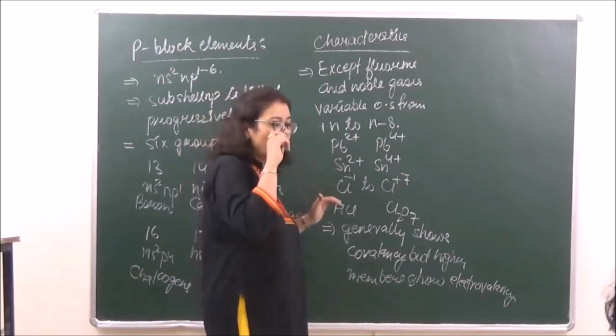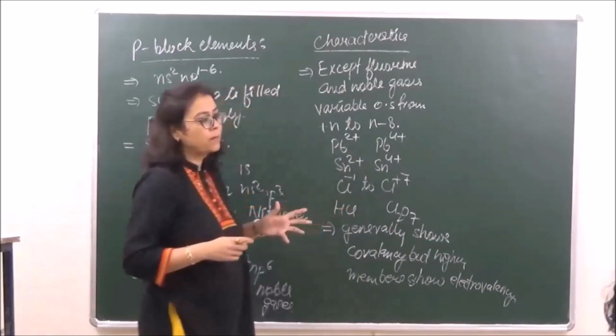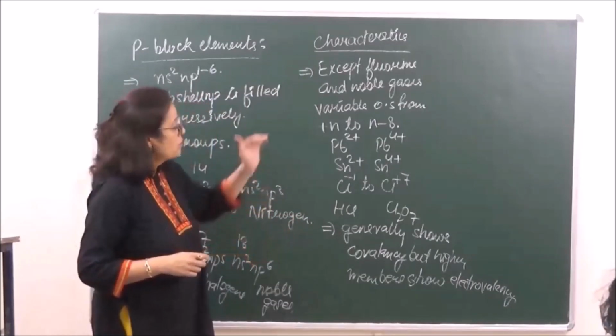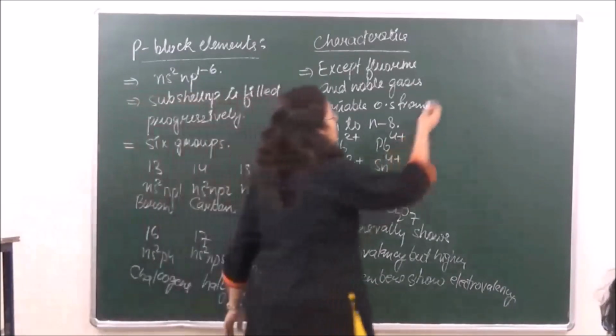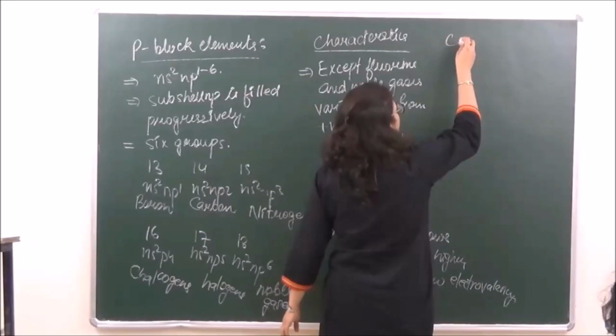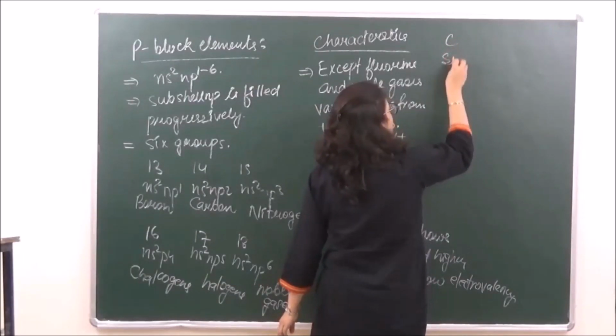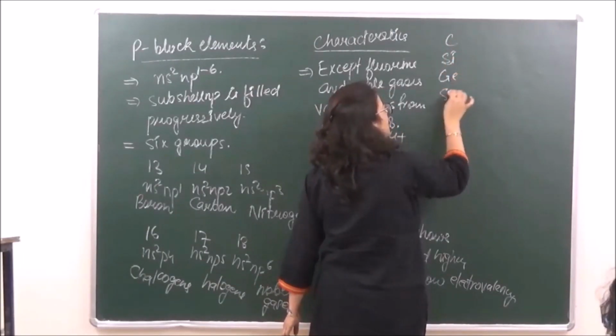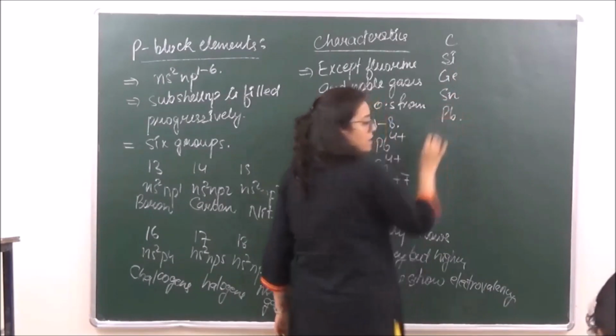But when we are talking of carbon, carbon can only form covalent compounds. Okay. So let's just take an example. If we are taking the carbon family, we have carbon, silicon, germanium, tin and lead.